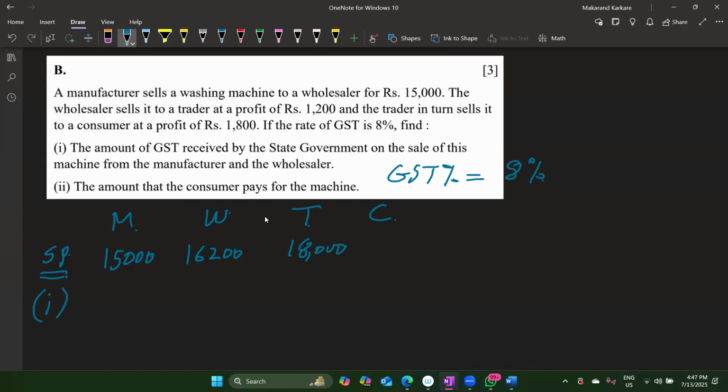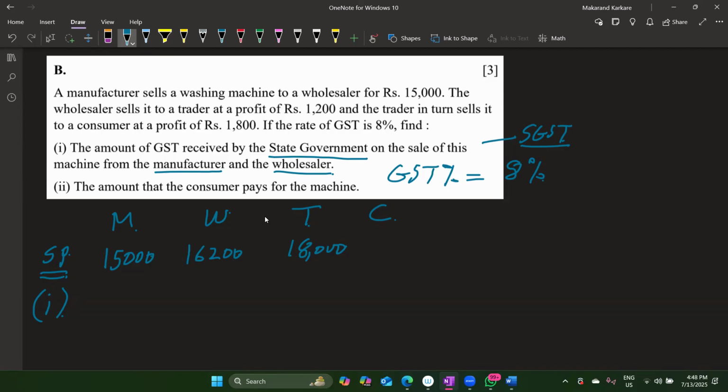Now let us look at one. The amount of GST received by the state government. So essentially, this is asking for SGST. Correct? On the sale of this machine from manufacturer to wholesaler. So manufacturer sells it to wholesaler, wholesaler sells it to trader.